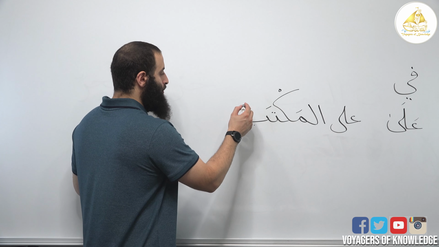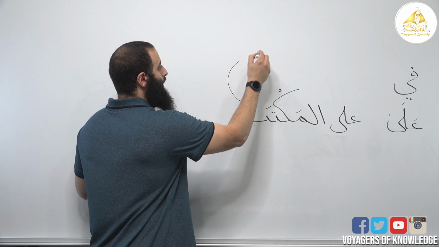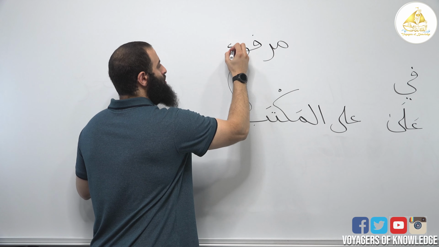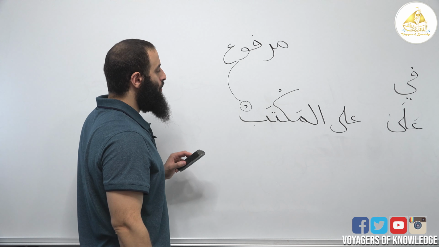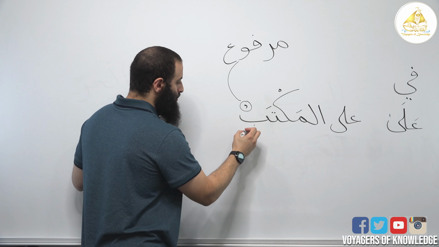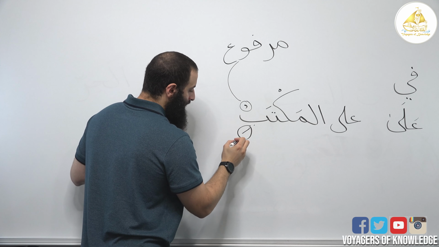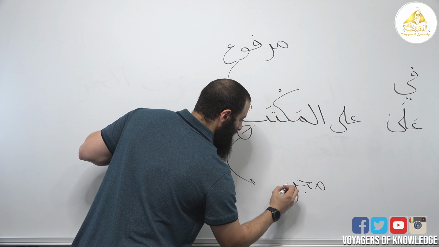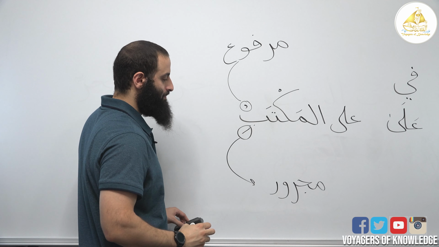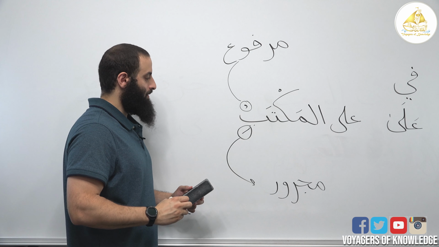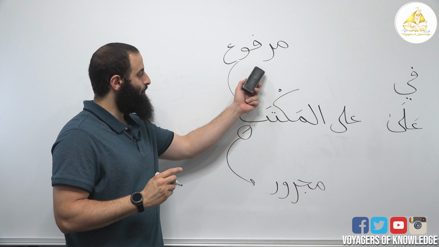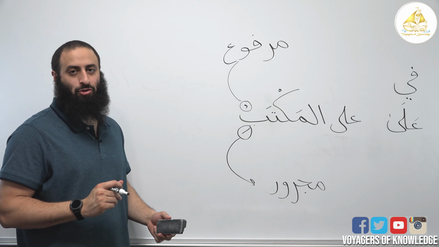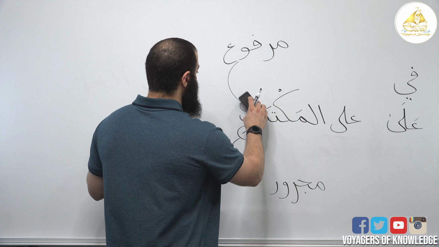Do we keep the word in the marfoo state, which means it ends with a dhamma? Or do we change it to a kasra and then it will become in the majroor state? If you chose marfoo, you're wrong. It's majroor. Majroor state. Okay?